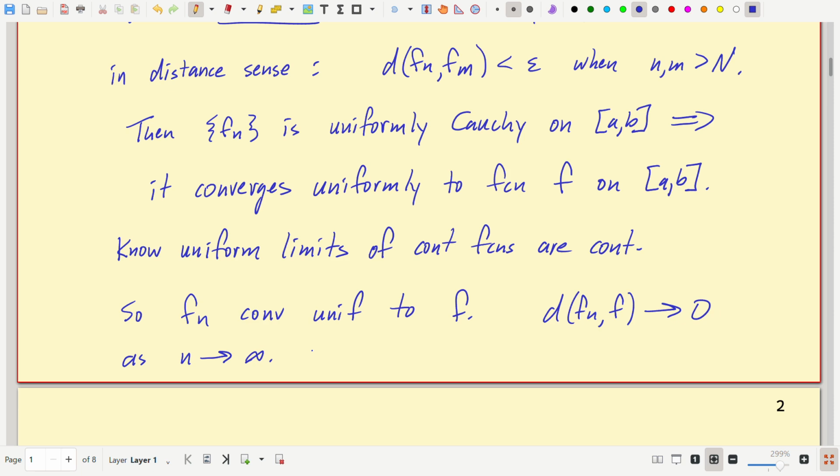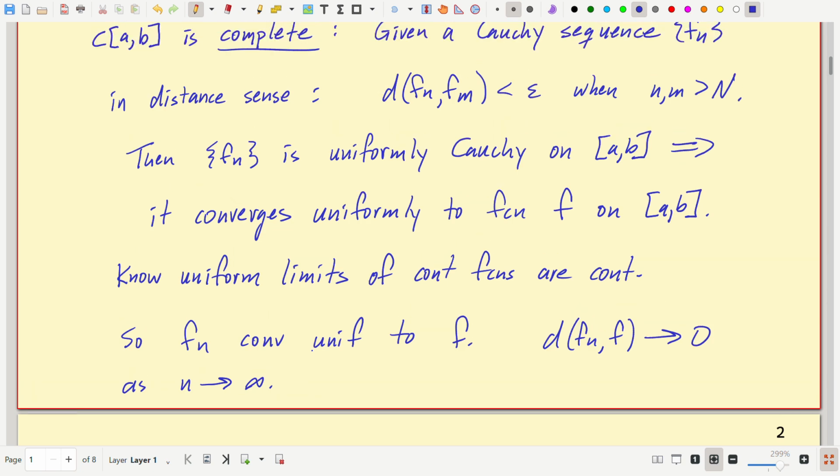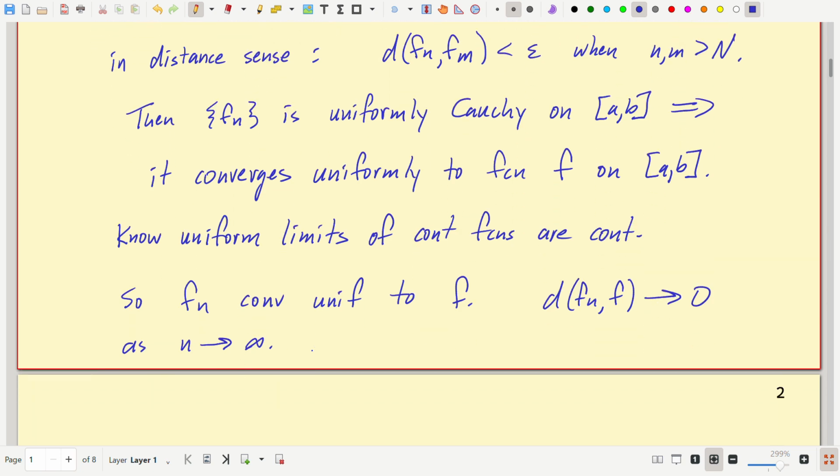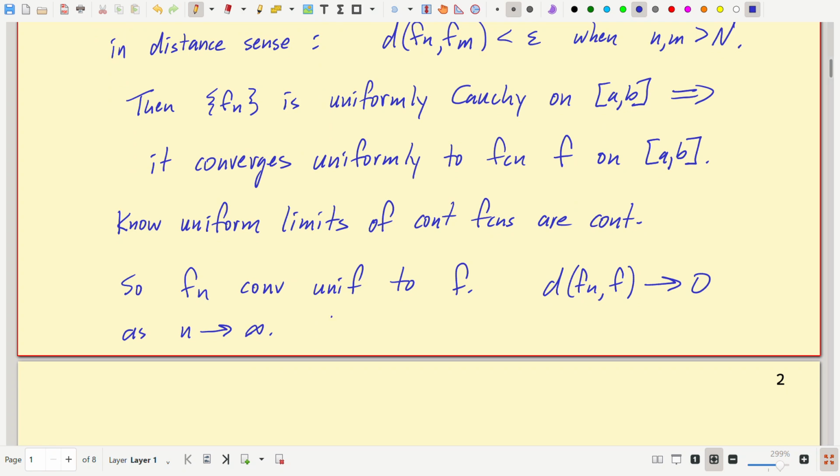So the uniformly Cauchy sequence converges in the sense of distance. Check. You can use the same old words to mean much more fancy things.